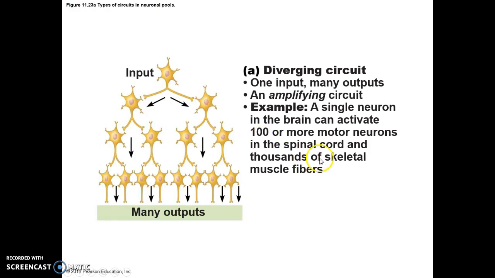This is an example of a diverging circuit. In this case, you have one input and it branches to many outputs. A single neuron in the brain can activate 100 or more motor neurons in the spinal cord and thousands of skeletal muscle fibers. So this is a diverging circuit.